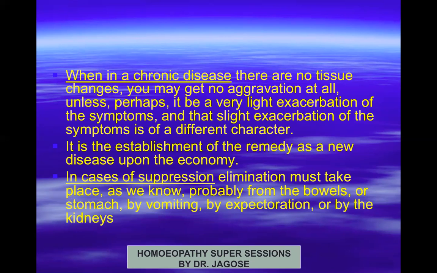Also between 30 and 200, we do not have any intermediate potencies. So this aggravation takes place because we don't have intermediate potencies to exactly match the state of the natural disease. That is why this sort of aggravation takes place.